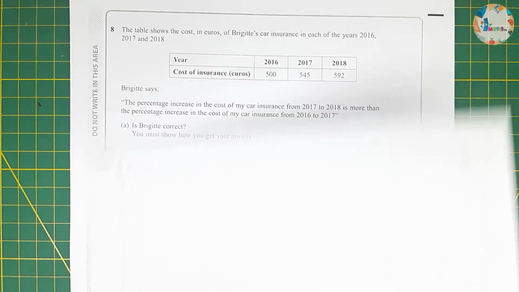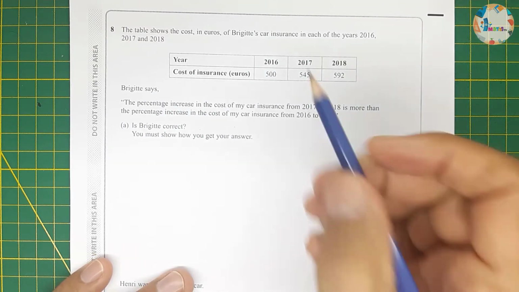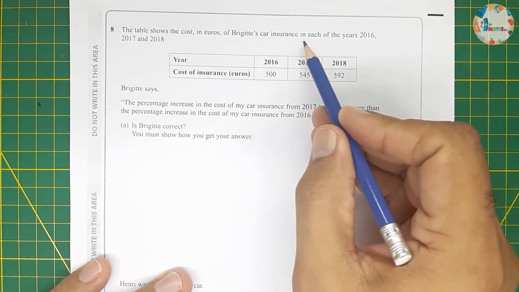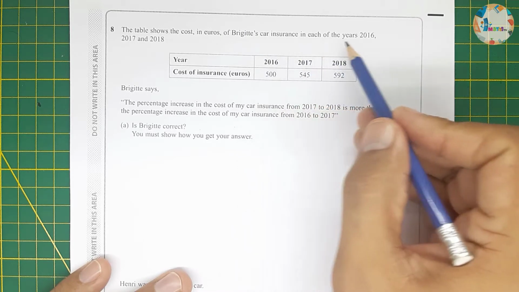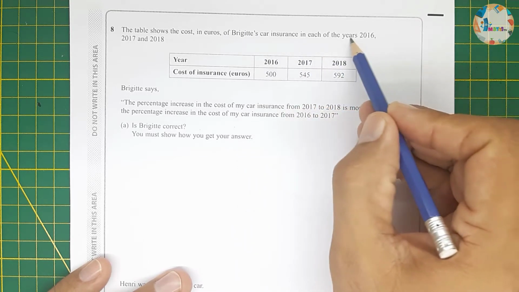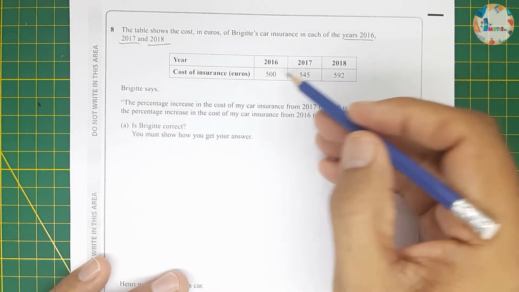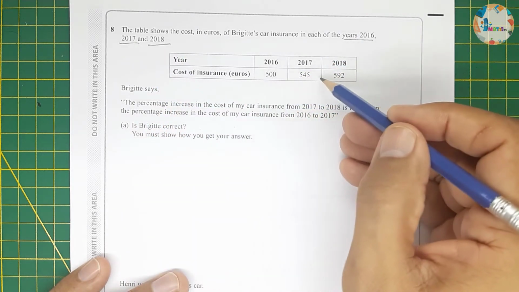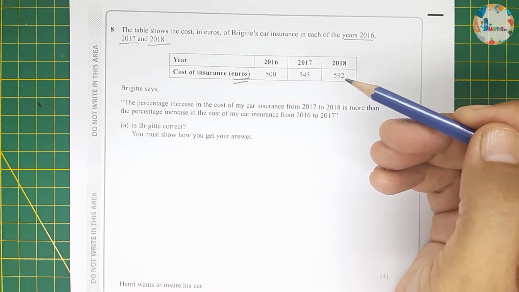So this is done. Question number 8. The table shows the cost in euros of Brigatti's car insurance in each of the years 2016, 17 and 18. So these are the costs of insurance in euros.